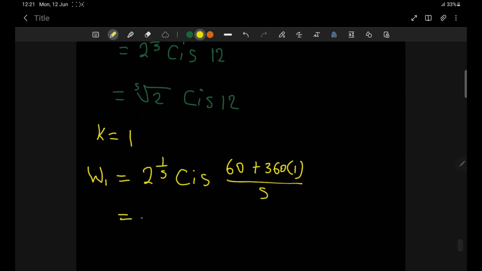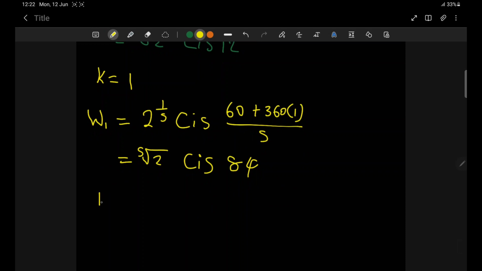So we're simplifying this already, so this will be the fifth root of 2, then we have cis. So if we add 60 plus 360 and divide by 5, we'll have 84. Yes, 84. And this is the second root.